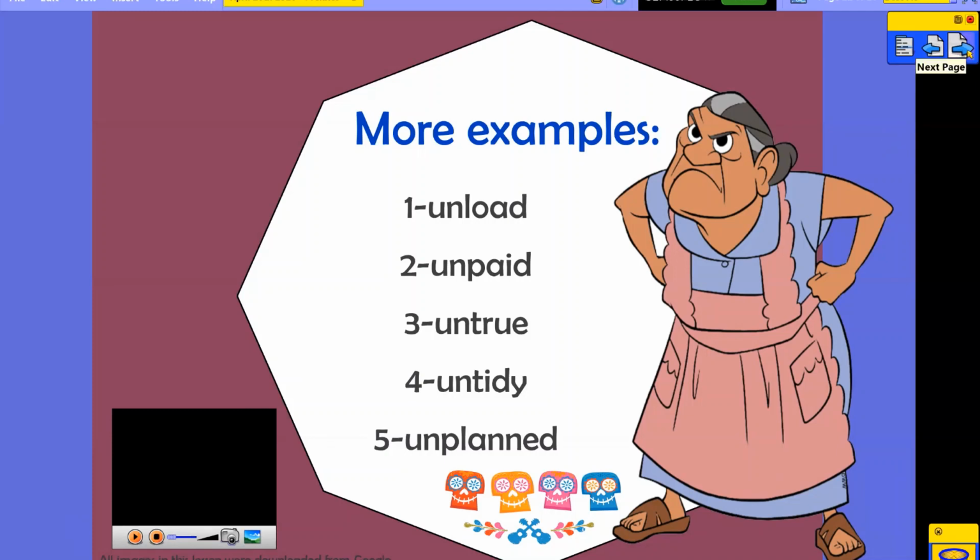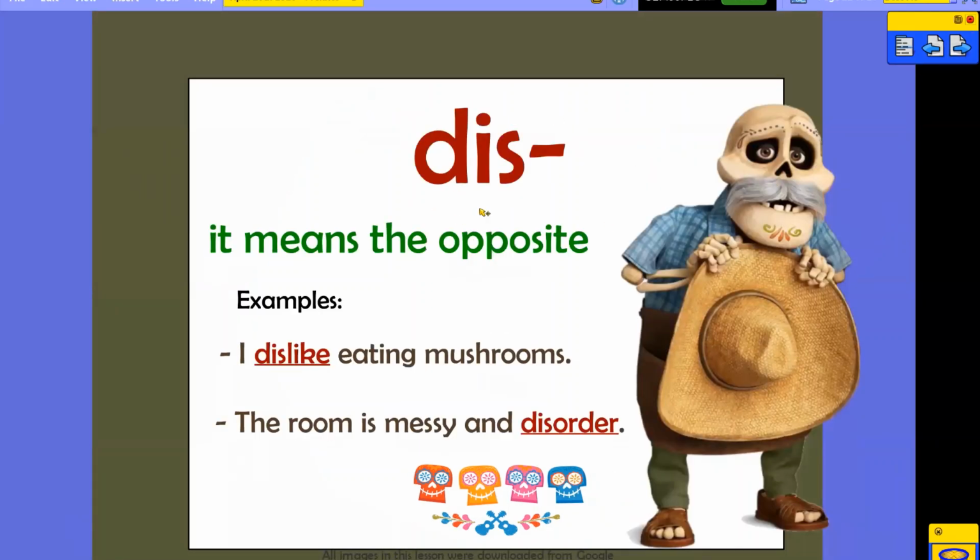Let's move on to the last prefix. This prefix is dis. When I add this prefix to the beginning of a word, it means that I mean the opposite. If I say I dislike eating mushrooms, it means, what is the opposite of like?